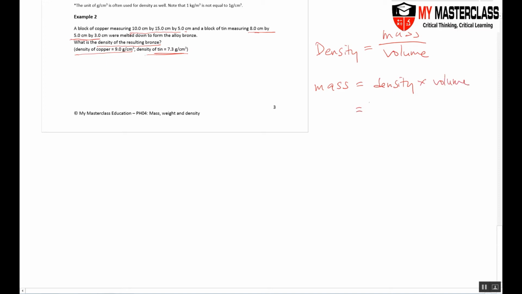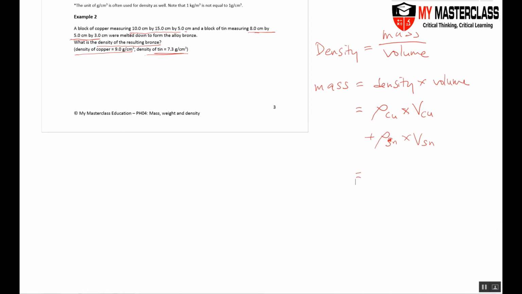So the total mass of the bronze is made up of the density of copper multiplied by the volume of copper plus the density of tin multiplied by the volume of tin.